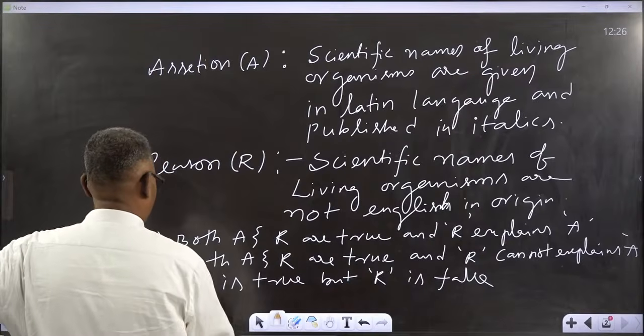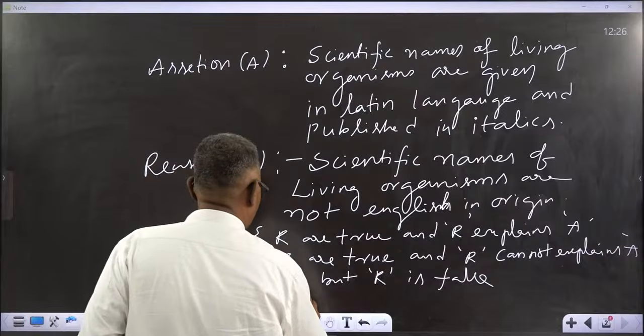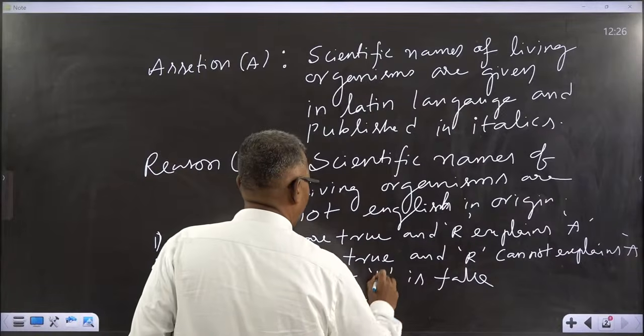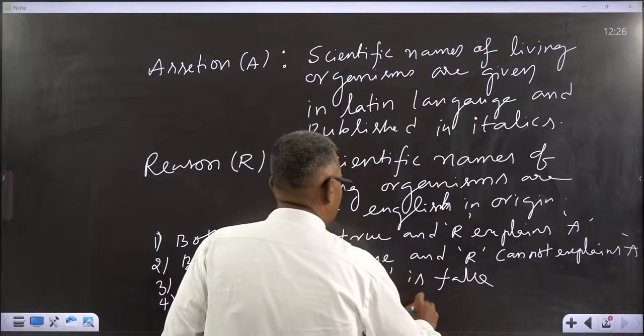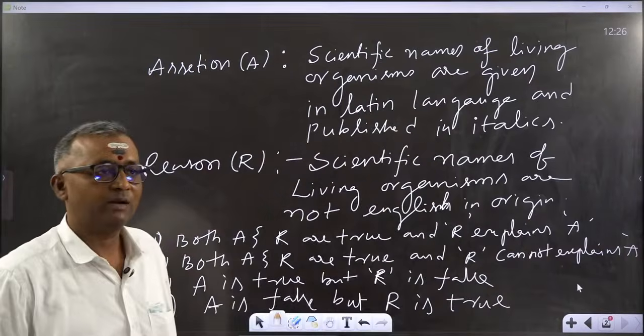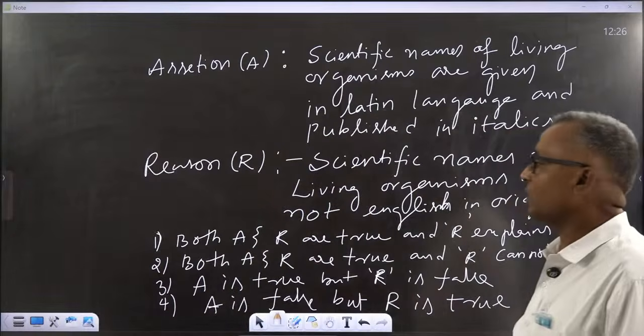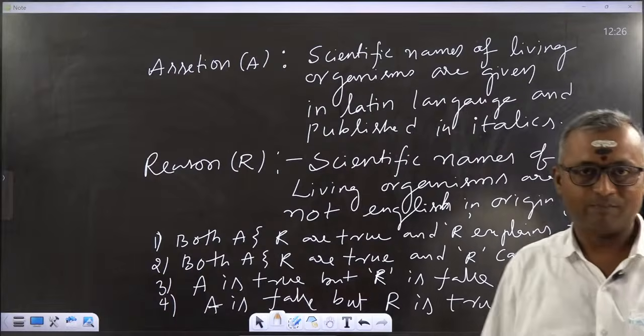Fourth, A is false but R is true. Like this, you will be given 4 different options, and among them you have to choose one correct answer.